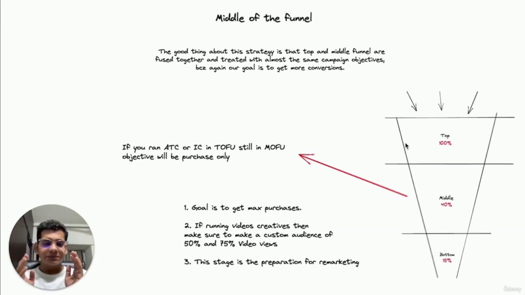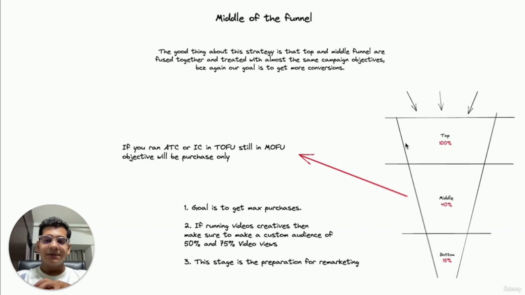So purchases, sales is the core, the mother of all the objectives when it comes to Facebook ads. So we would be again in the middle of the funnel, focusing on how to increase that sales, how to multiply and start getting more and more purchases on our website.